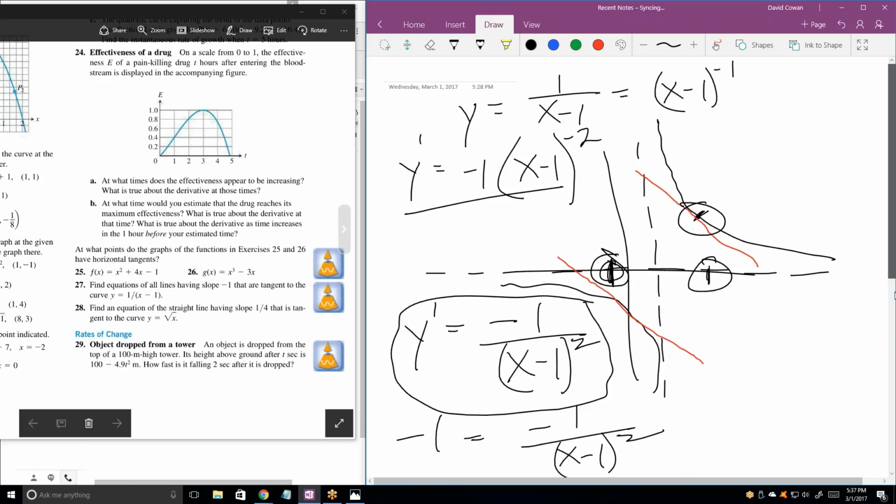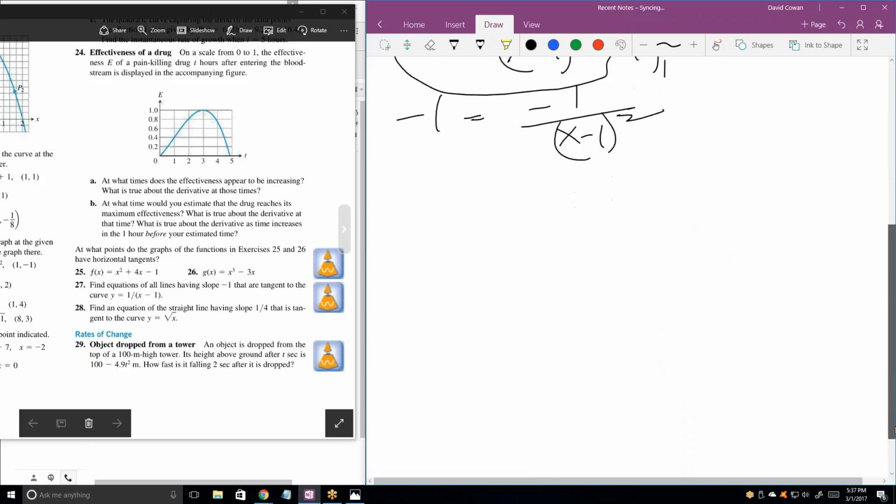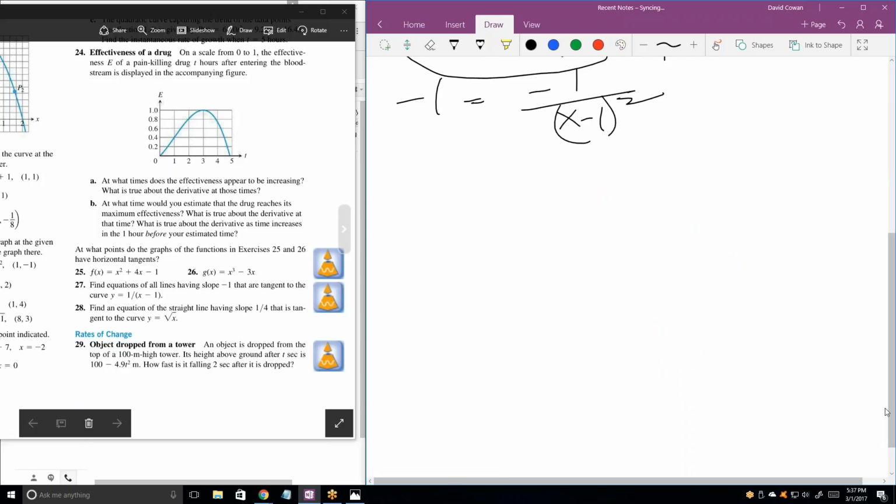Okay, so let's solve that. How do you solve that? Would I do plus 1? Well, I can divide both sides by minus 1 to get rid of these negative signs, first of all. Okay. Always easier working with plus signs than minus signs.